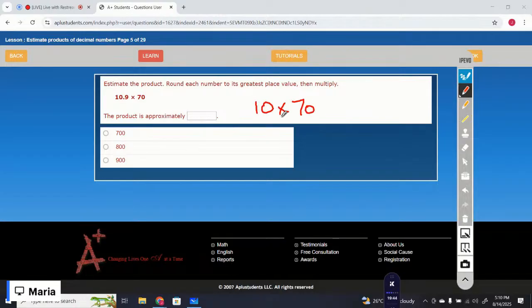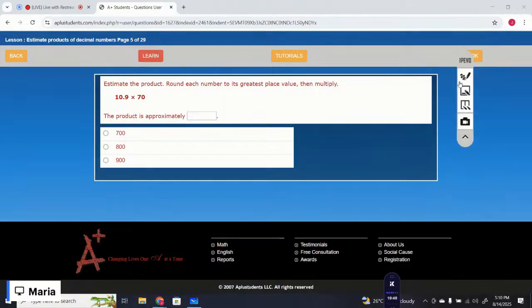We have 10 times 70 is 700. Option number 1 is the correct option, 700 it is.